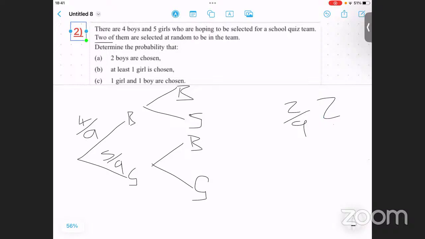Because if you times 4/9 by a half, then it will give it to you 2/9. And why are we multiplying with a half, Zira? Because we're dividing the boys into 2 sections. Okay. I'll just get back to you.